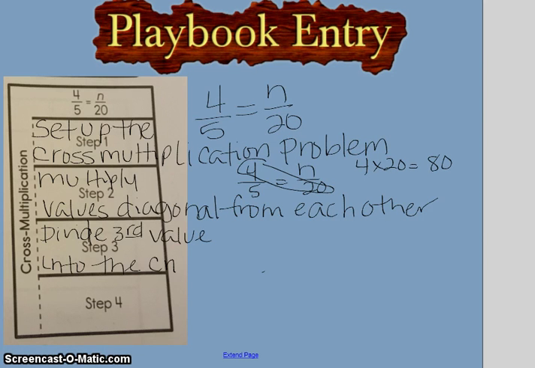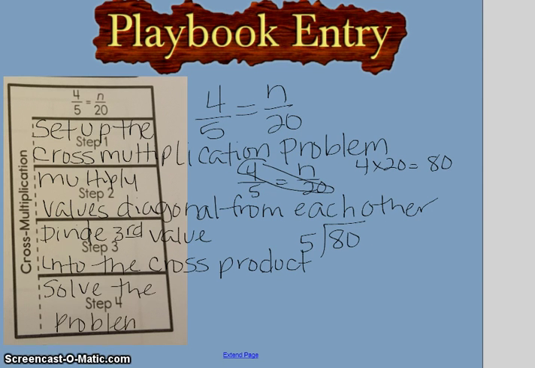So into the cross product. What that means is that you're going to take your 80 and divide it by that third value, which is the 5. And step 4 is just to solve the problem. So that just means that we're going to take our 80 and divide it by 5.